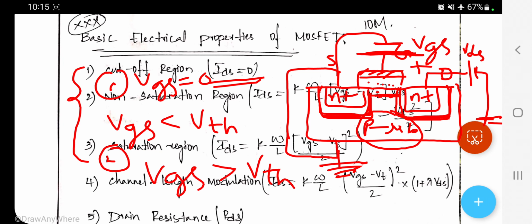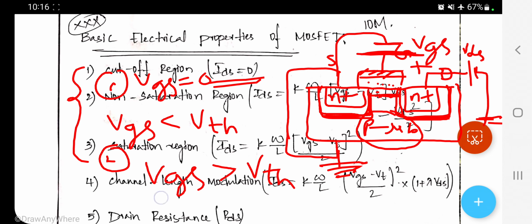Like you have a river, two sides of a canal, and if you want to cross from one side to the other, you're going to have a bridge. Similarly here, for the electrons to move from source to drain, the channel is formed. Through this channel electrons are going to start moving.